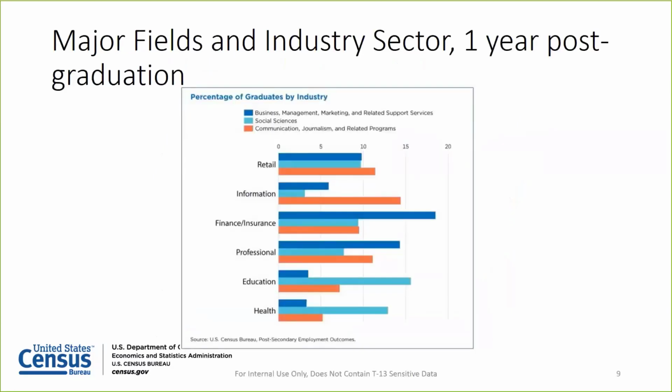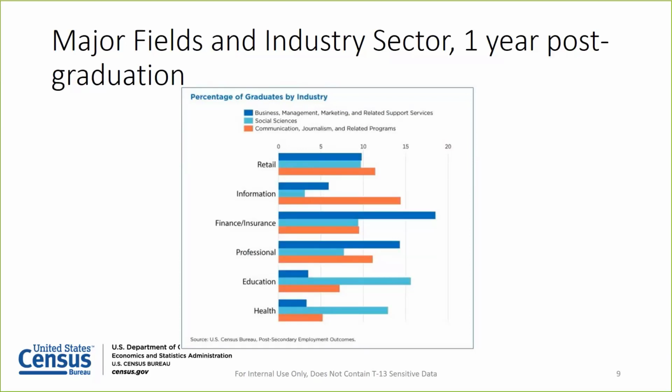Another interesting thing that you can do with this data is look at how graduates in specific fields of study end up employed in terms of the industry sector of the employer that they're working for. You can see here the dark blue in this graph is business majors. The light blue is social sciences majors, so that includes a number of different majors such as sociology and economics.